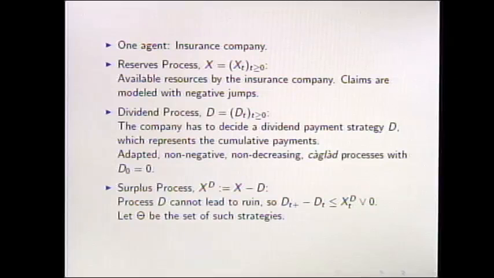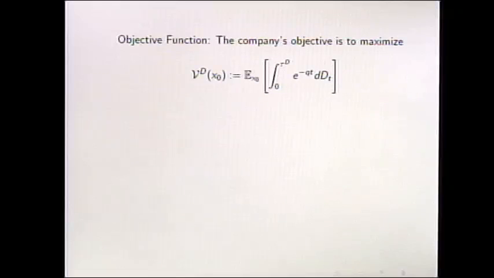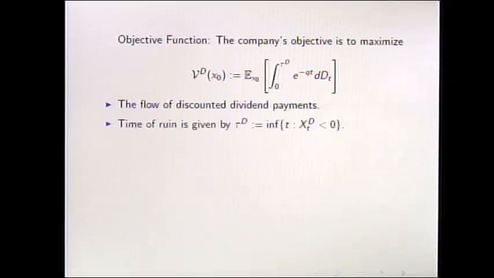And we don't allow the dividend process to lead to ruin of the reserve process. So that's this condition. So we have theta, the set of strategies that don't lead to ruin. So the objective function is to maximize the flow of discounted dividend payments throughout the time until the time of ruin, which is this tau D that depends on the strategy.